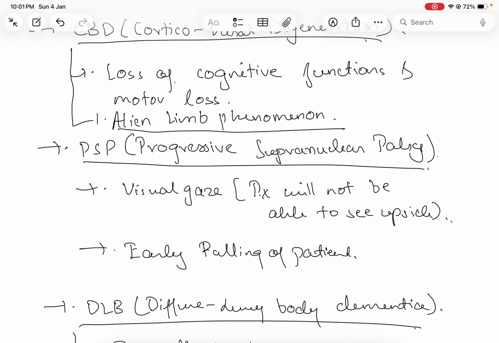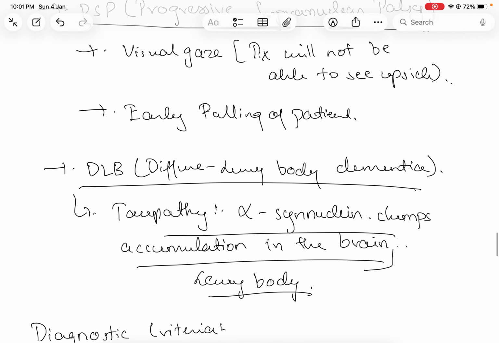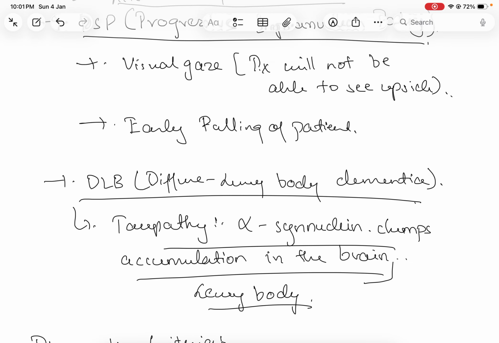Early falling refers to loss of movement, where the patient will not be able to perform the movements required for day-to-day daily activities.